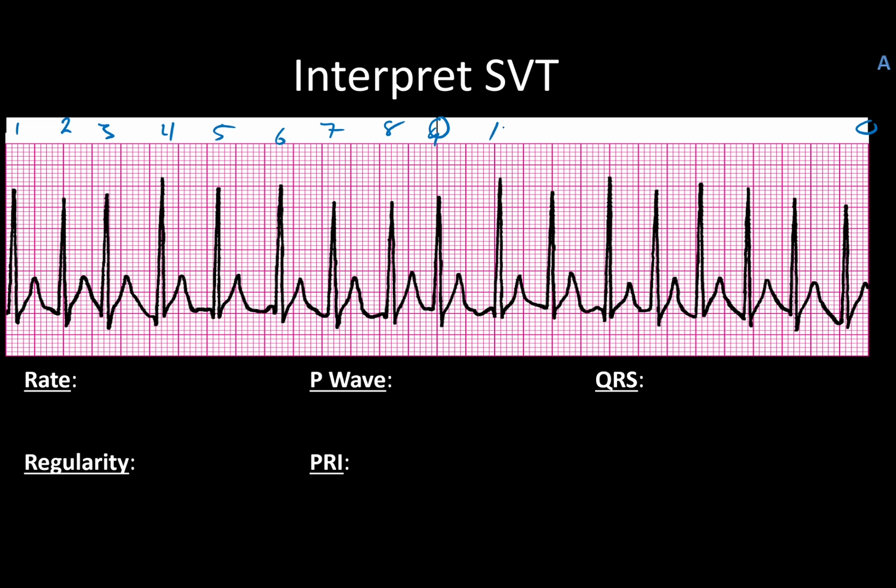Now, if you look at it, you can probably tell already that there's some irregularities and that it's pretty darn fast. Sorry, my 16 was off there a little bit. So we're definitely tachy. Sorry, that is a 7.